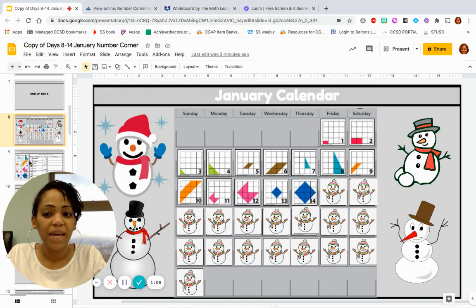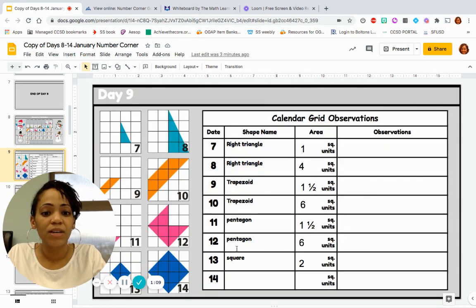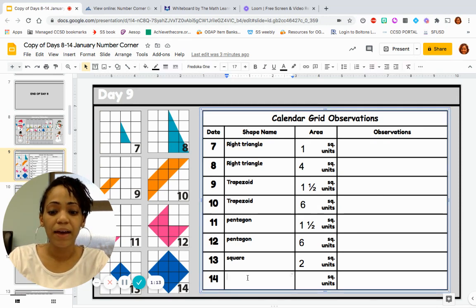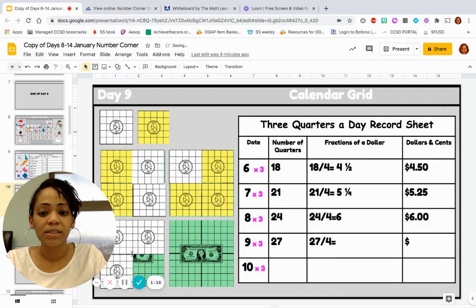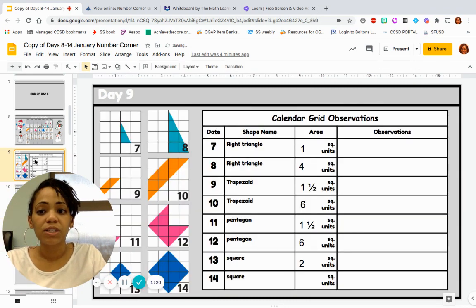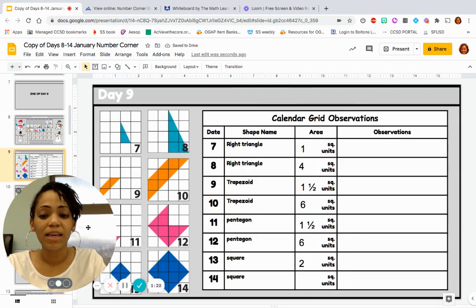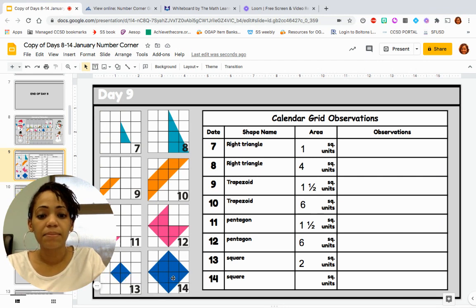It's just bigger. So let's fill that in on our recording sheet. So we have another square. The question is, what is the area for today? I'll give you a second to look at it.